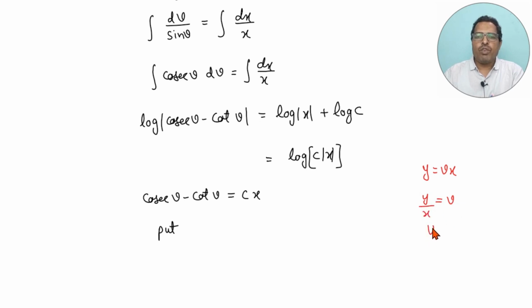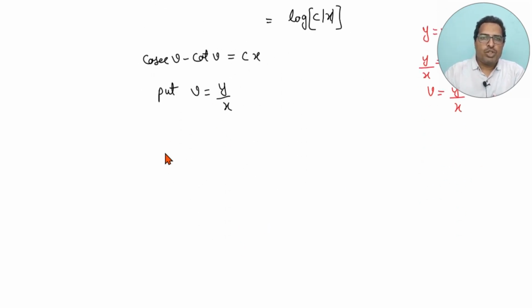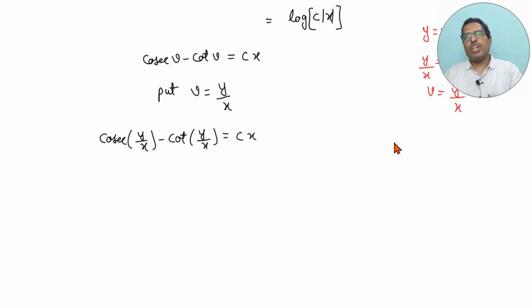Just plug in this value of v equal to y by x over here. We get cosecant of y by x minus cot of y by x equals c times x. That is the required solution.